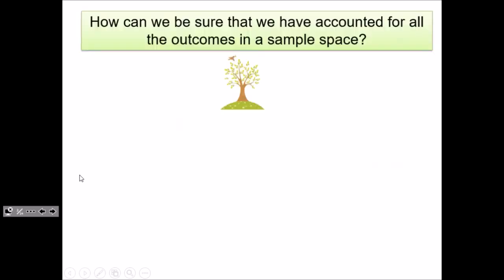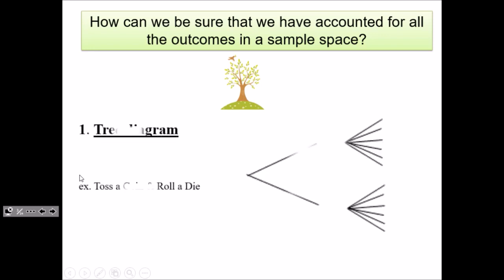Now, how can I make sure I've got everything, all possible outcomes? How can I make sure I've accounted for all of them? Well, a tree diagram. For example, let's say I'm going to toss a coin and then roll a die. If I toss a coin, that's my first step. There are 2 possible outcomes. I could get heads or tails. Then I roll a die. So I could get a heads followed by anything from 1 through 6.